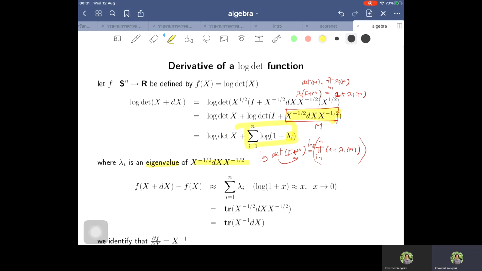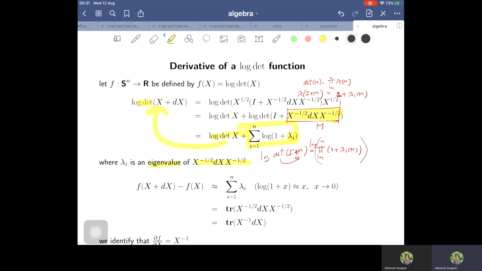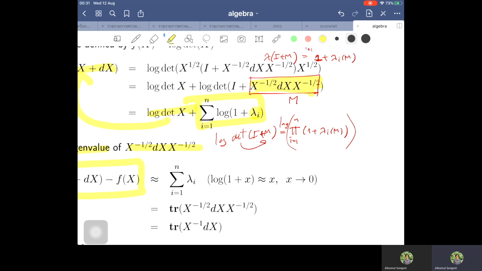Now you just subtract this from this, and this is f(x plus dx) minus f(x). Now we're going to use another approximation from calculus, again from Taylor expansion. You have log of 1 plus lambda.